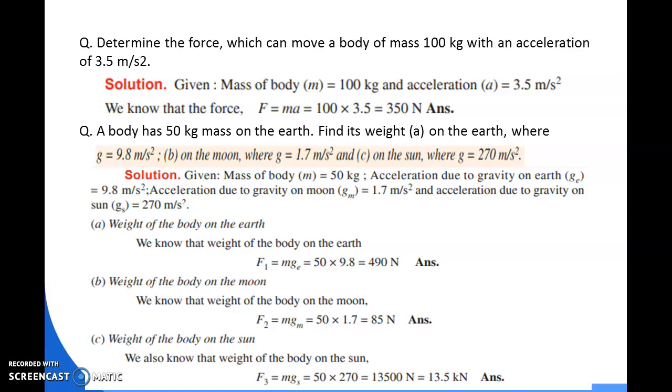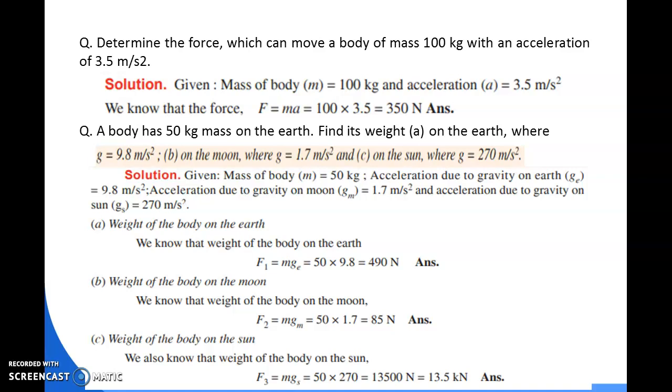Hence, the force is equal to ma as per Newton's second law. Multiplying mass 100 and acceleration 3.5, the value of force is 350 Newton.